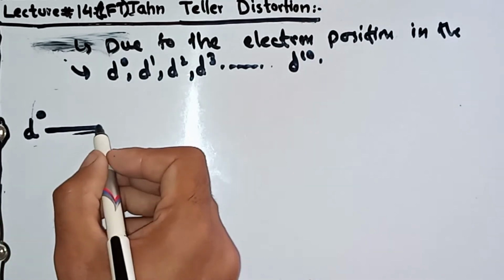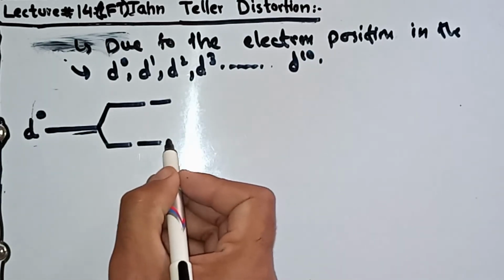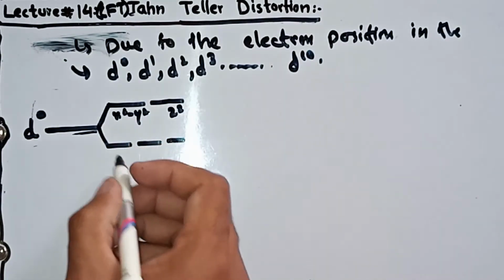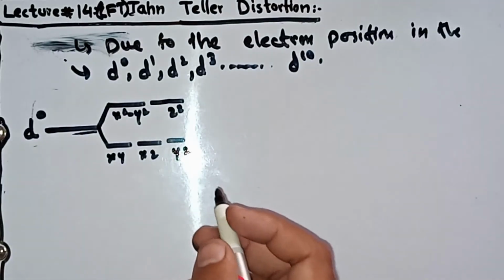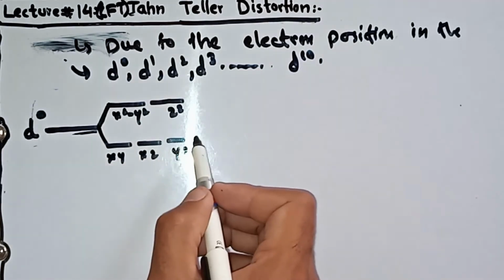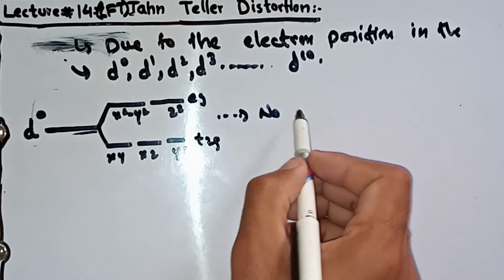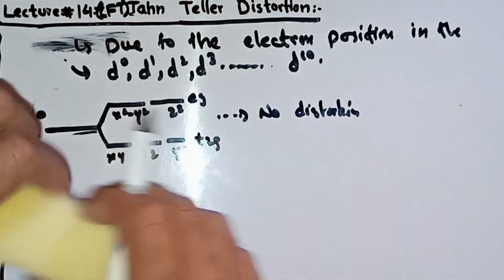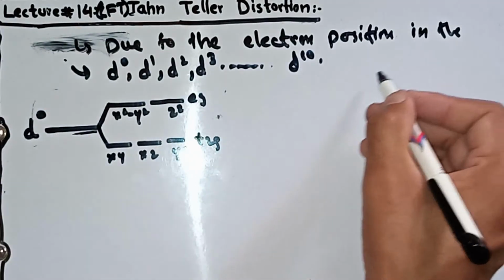If they split in an octahedral complex, it will look like this: dx2-y2 and dz2 are eg, while dxy, dxz, dyz are t2g. When there is zero electron, no electron in either t2g or eg, no distortion occurs. Or you can say that there are two types of complexes.